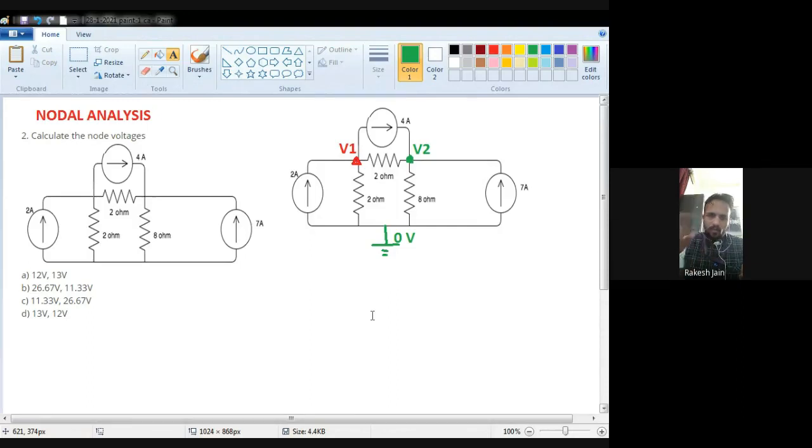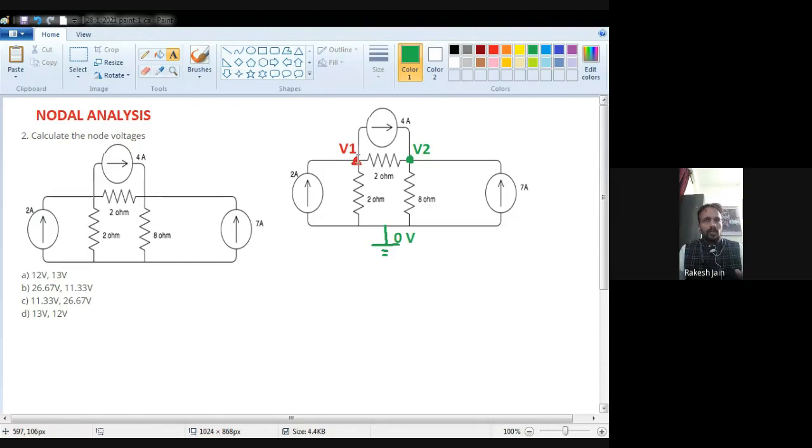If the current is leaving the node, write down the current as positive. If a resistance is connected, write down your node voltage with positive, then for the second point of that resistance, if it is connected with another node voltage, write down that node voltage with negative.